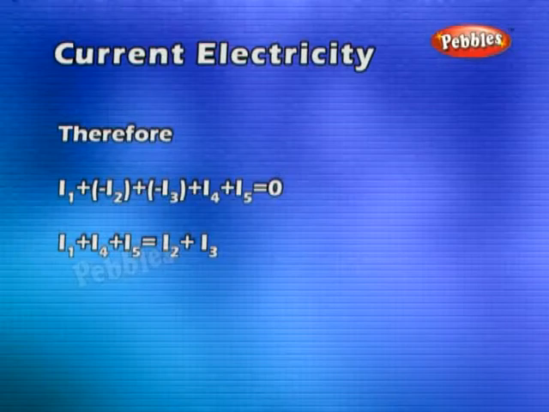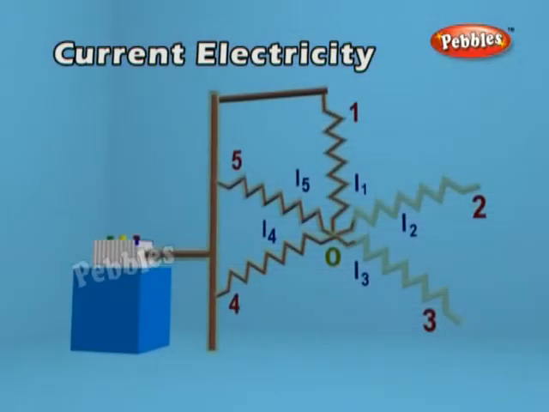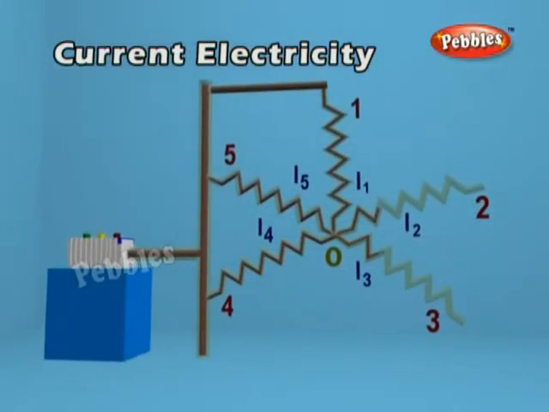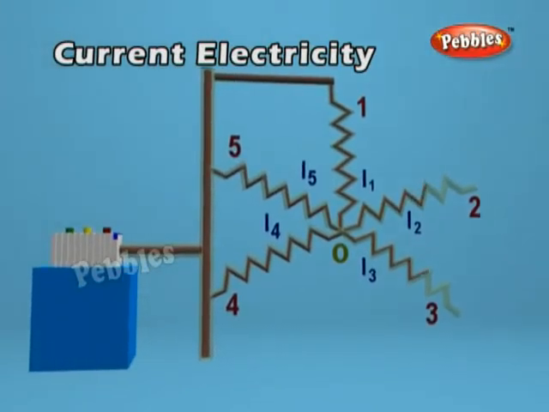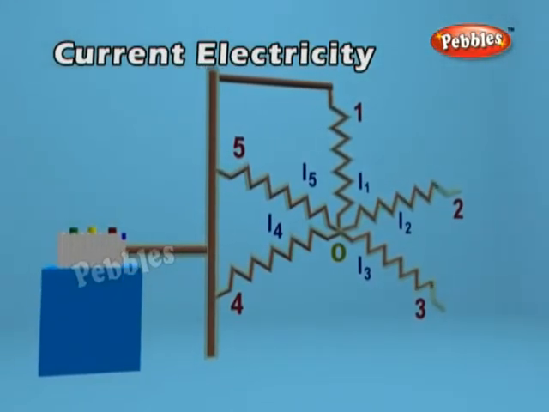I1 plus I4 plus I5 equals I2 plus I3. The sum of the currents entering the junction is equal to the sum of the currents leaving the junction. This law is a consequence of conservation of charge.